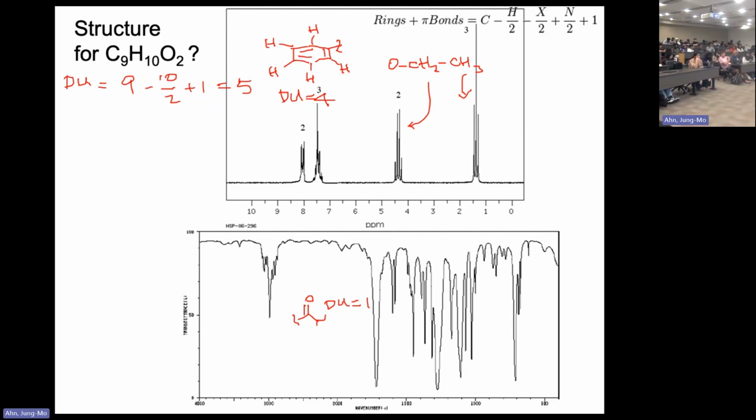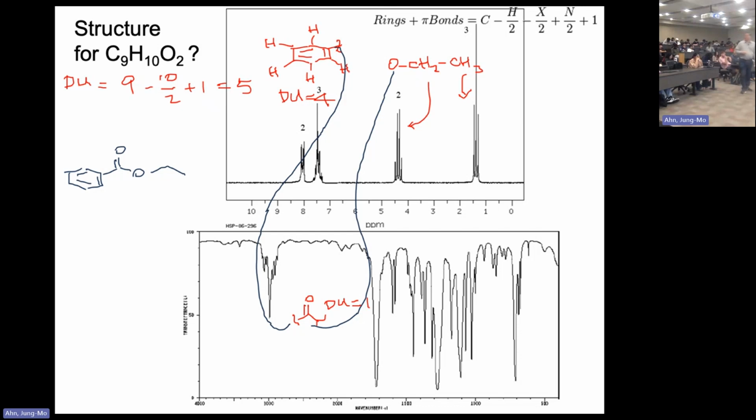But you have to think about the situation where the carbonyl might be conjugated. A conjugated ester can fool you, because the carbonyl signal may show around where a regular ketone shows. So 1710 may not mean that it's actually a ketone. This is actually a conjugated ester.